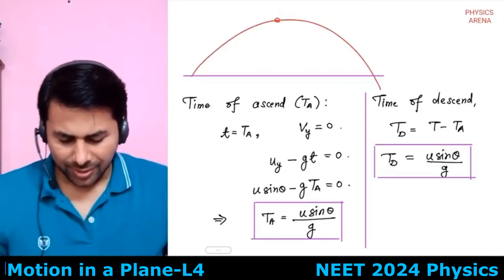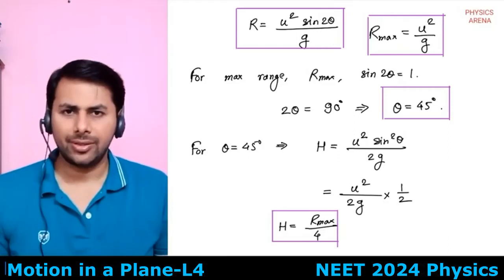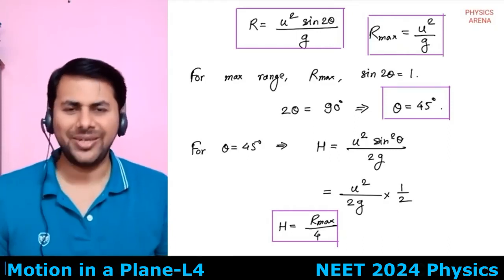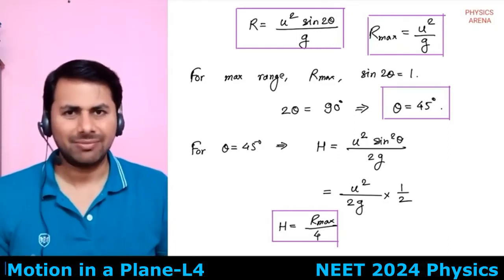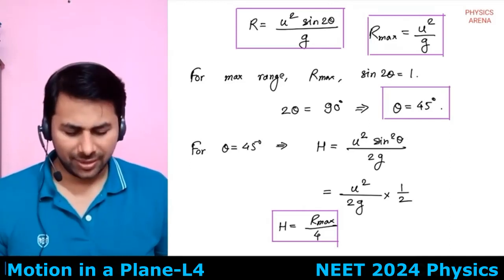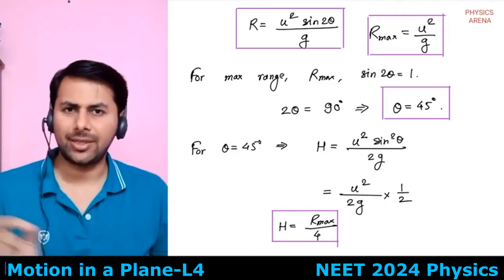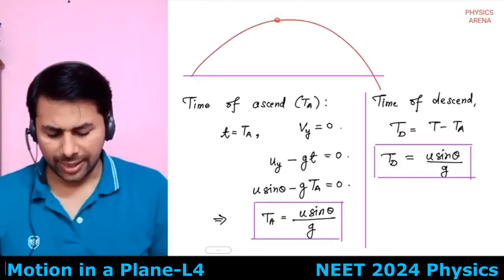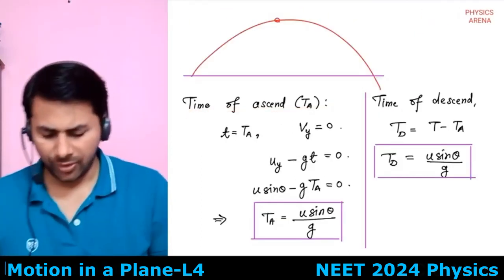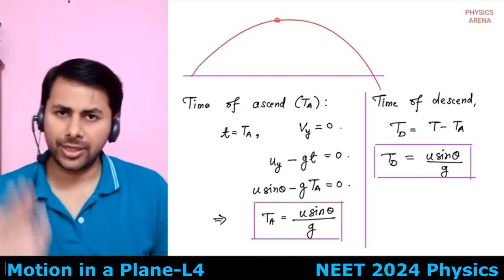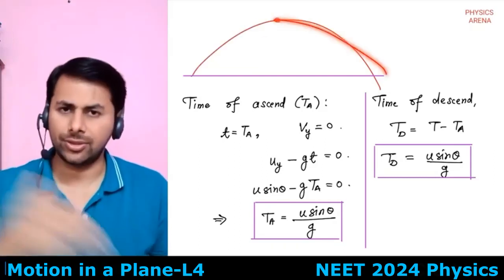Good. So we found, I explained how to find the maximum height of the projectile, the range of the projectile, and the time of flight, which is 2u sine theta upon g. So next is time of ascent and time of descent: for how much time it is going up and for how much time it goes down.